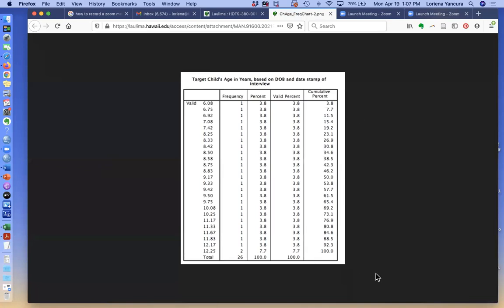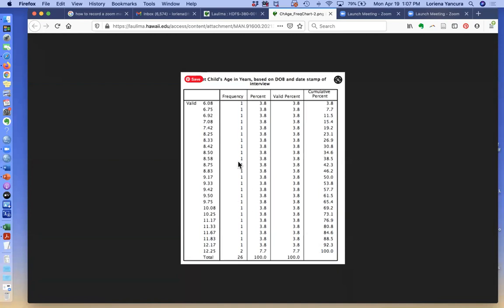And you guys hopefully remember a frequency chart. This is the age. We're working with kids from age 6 to 12 and a quarter. And for each value, we can see their frequency: there's one child that's 6.08, one child that's 6.75, one child that's 10.